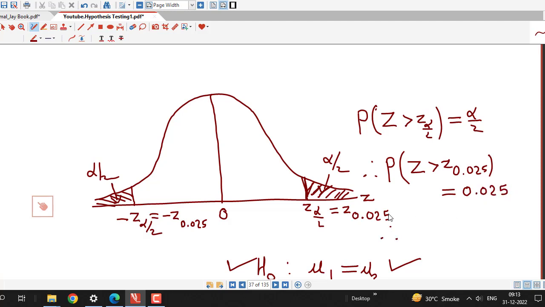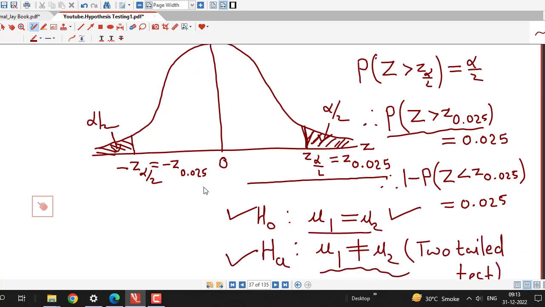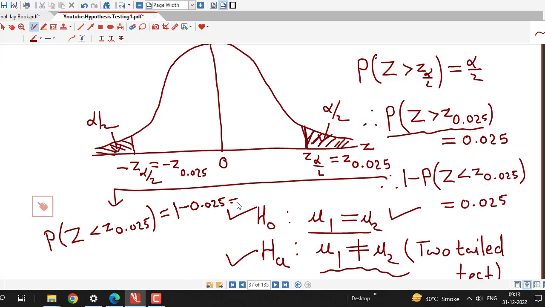We have to decide the value of z such that this probability is equal to 0.025, and we can write this probability as 1 minus the probability that capital Z is less than z suffix 0.025, that is going to be 0.025. Therefore, from this I can write that the probability that Z is less than z suffix 0.025 is equal to 1 minus 0.025, that is going to be 0.975.